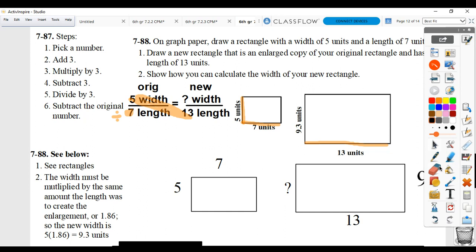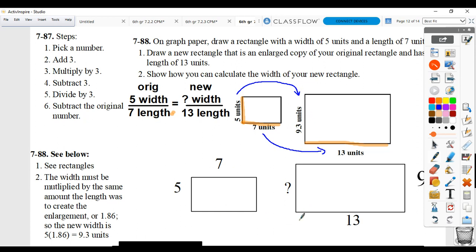Another way you could do it, and this is what the book had recommended, is to look at the multiplier. What was the multiplier that got you from 7 to 13? And then you want to use that same multiplier to get from 5 to the new width.